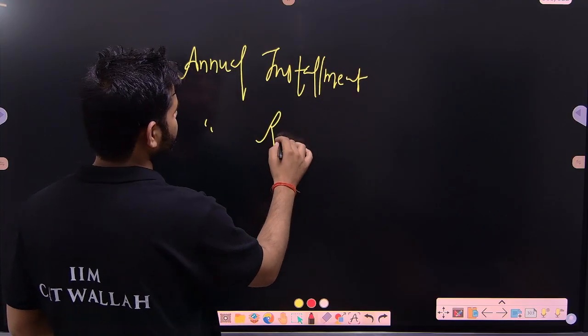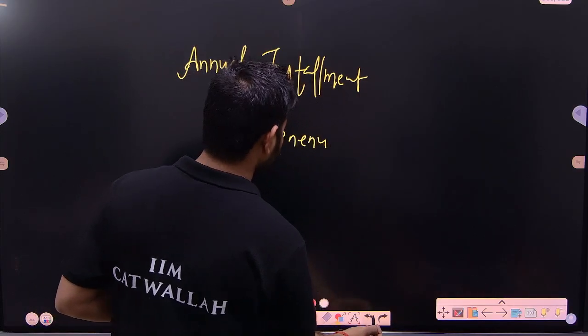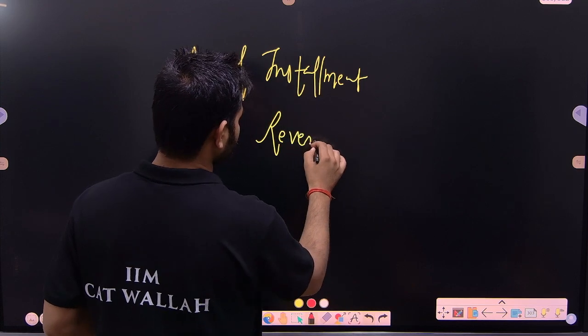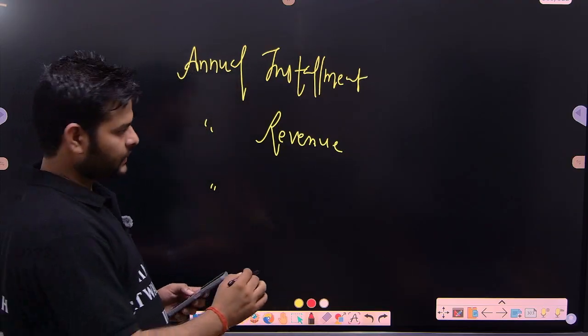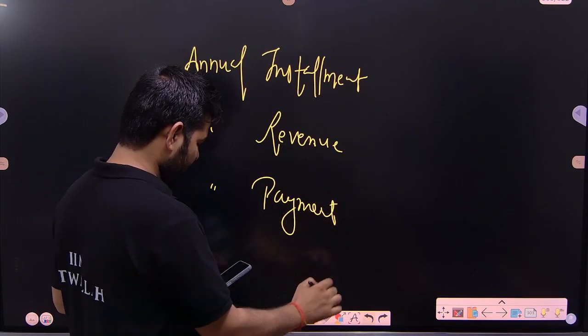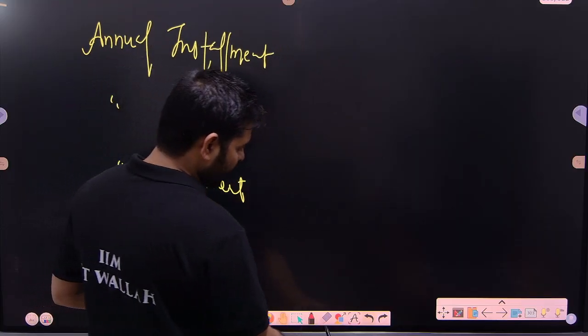The same term may sometimes be called annual revenue, and the same term may be called annual payment. So if you have been given the due debt, you can directly plug it into the formula.